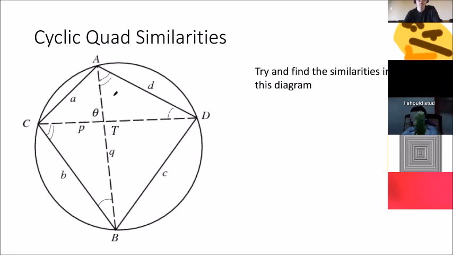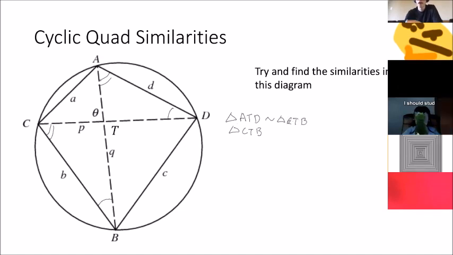So what that tells us is if you look at triangle ATD and triangle CTB, both these triangles actually share both of these two angles. So these triangles are similar by angle. So triangle ATD is similar to triangle CTB.